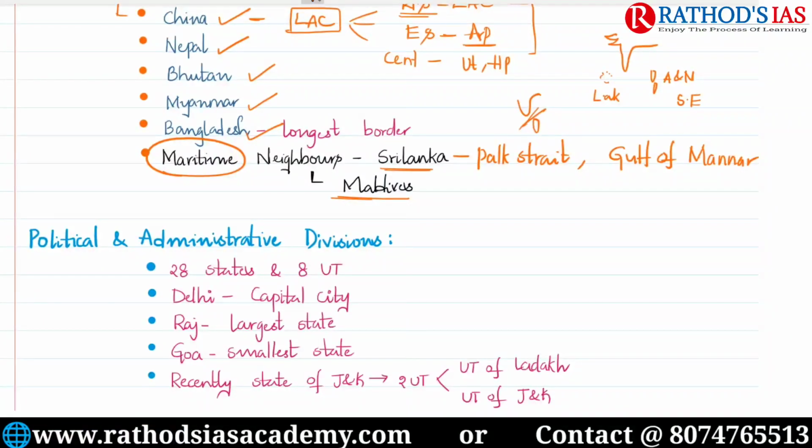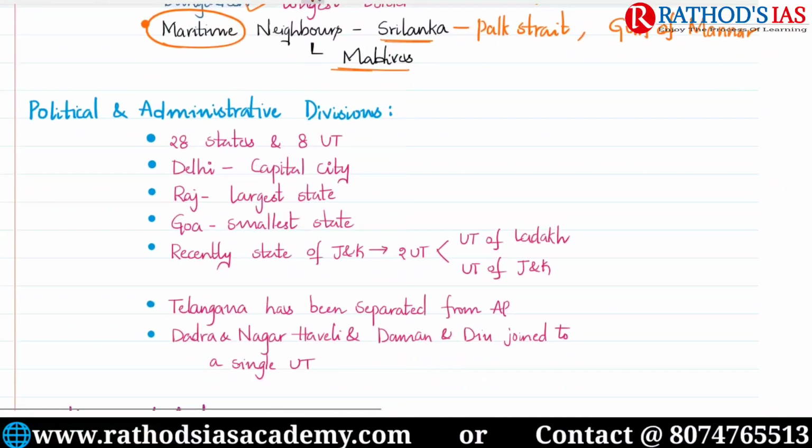And now we have to see the political and administrative divisions of our country. This is also very important. Actually, at present we have 28 states and 8 union territories. So how many states and union territories?